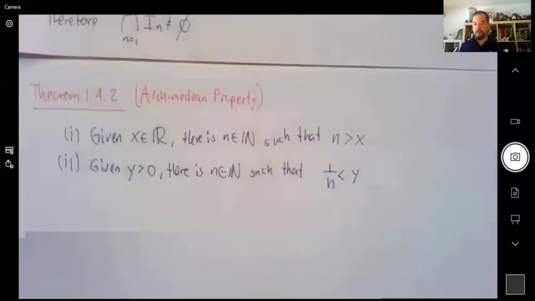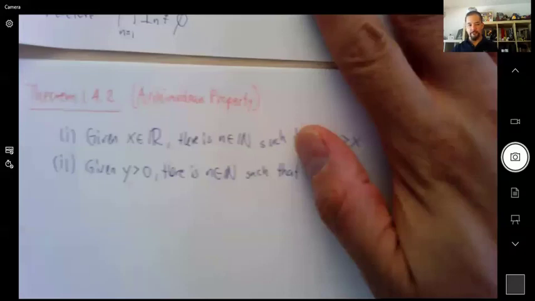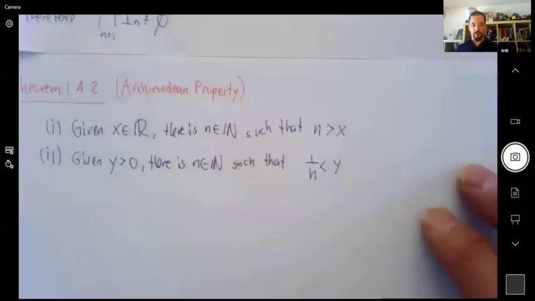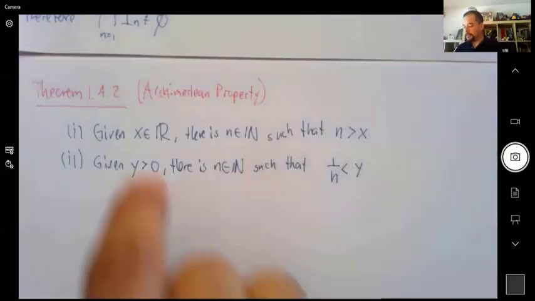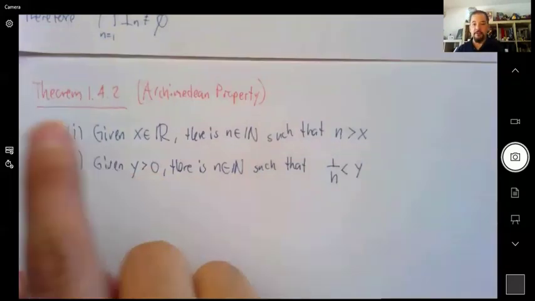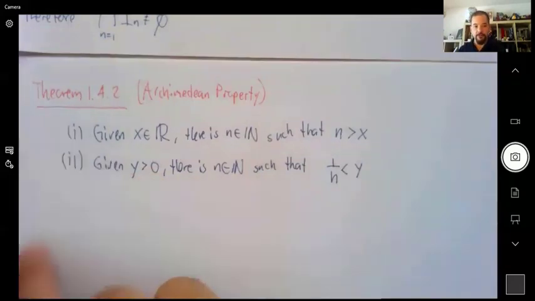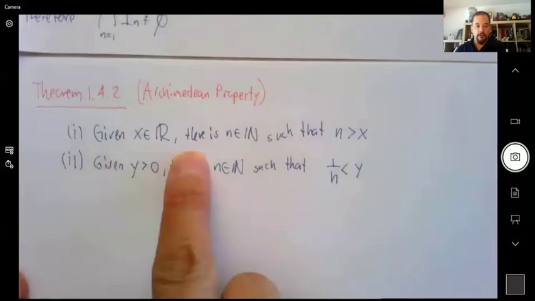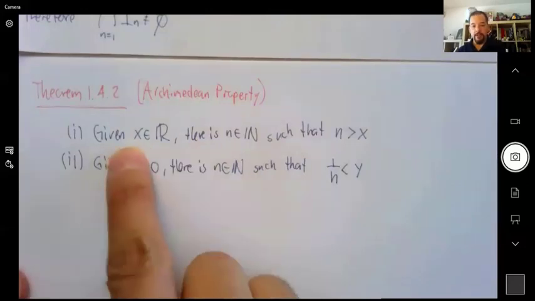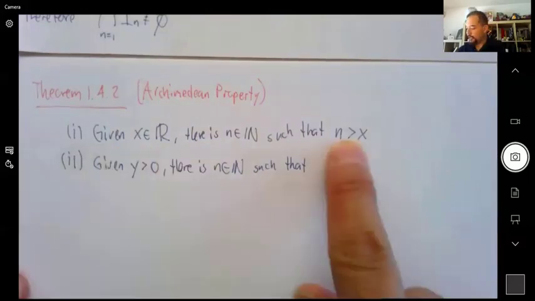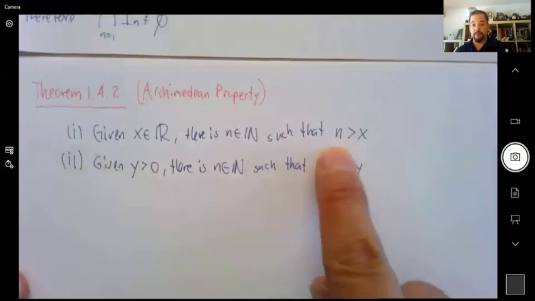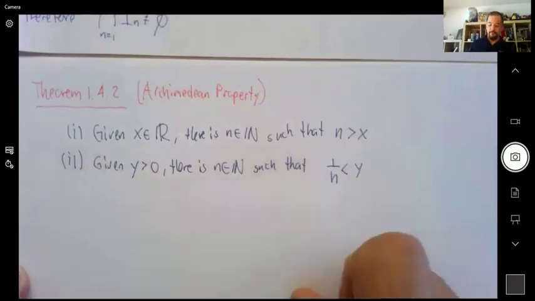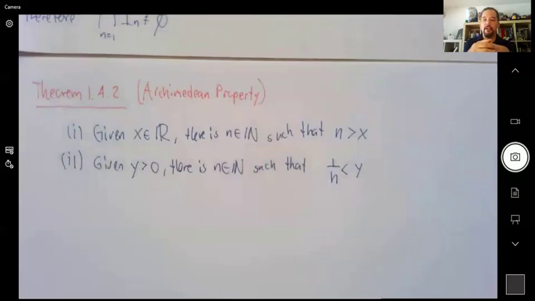Now, let me talk a little bit about why this seems like a silly thing for us to prove, but it's important. First of all, let me explain what this means. This is a rephrasing of number 1. What this means is, you give me any real number, and I can find a natural number bigger than that. So, in other words, it seems like you can find natural numbers as big as you want.